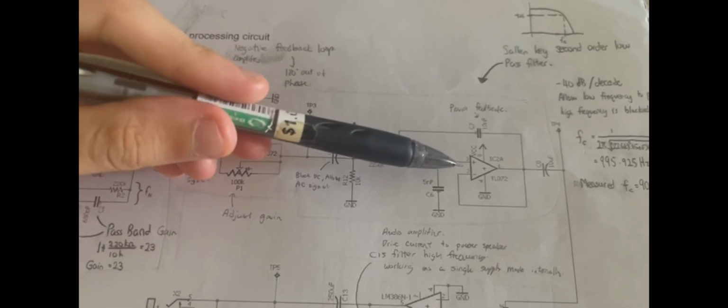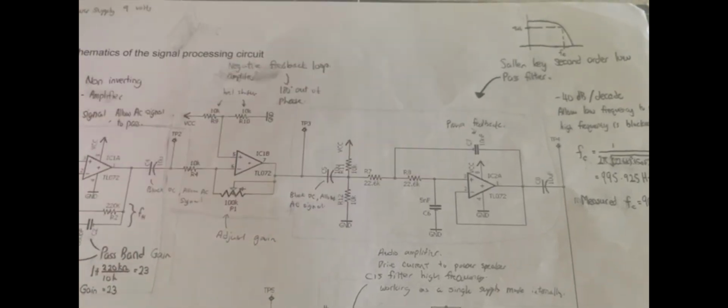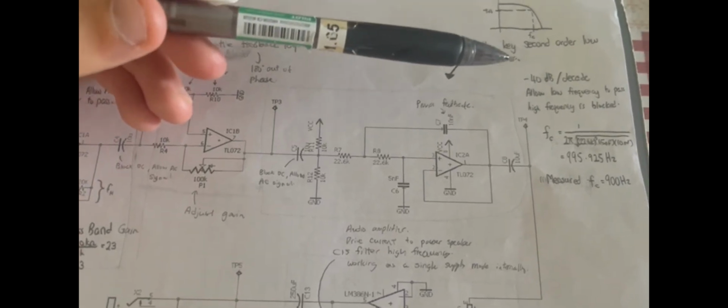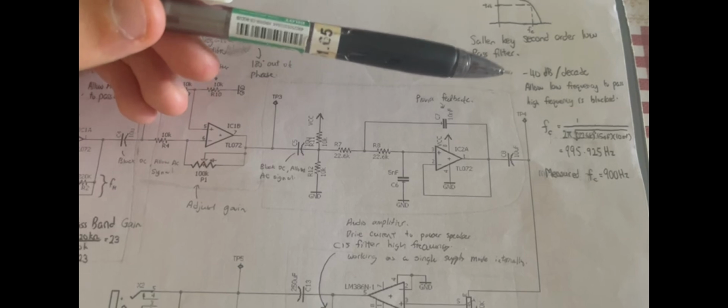As for our IC2A, we have configured it to become a Sallen-Key second order low pass filter. It allows low frequency to pass and high frequency is blocked. We can figure out our FC, which is 1 over 2 pi square root of R7 times R6 times C7 times C6, which will give us 995.925 Hz.